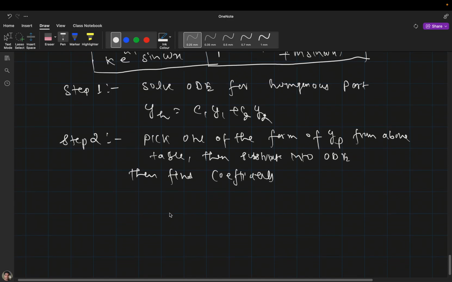After finding that coefficient, that will be nothing but y_p, okay.